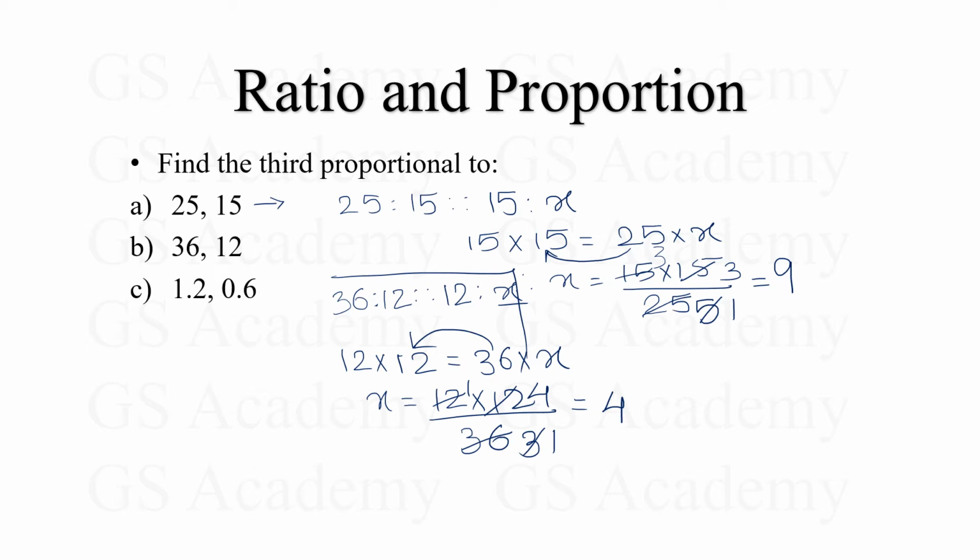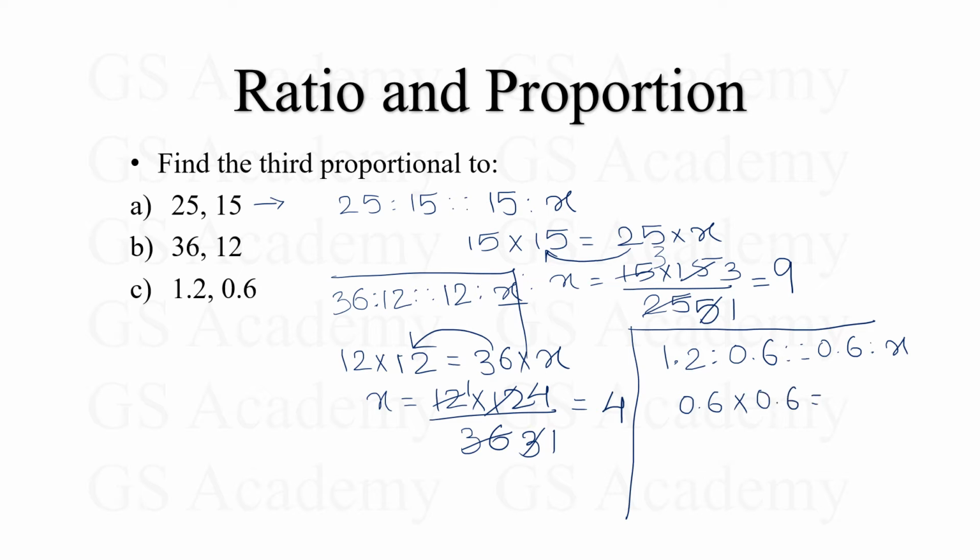Now let's see the next example. So 1.2 and 0.6. This can be written as 1.2 is to 0.6 as 0.6 is to x. So this will be written as 0.6 into 0.6 is equal to 1.2 into x. In order to find the value of x, we will shift this 1.2 here.